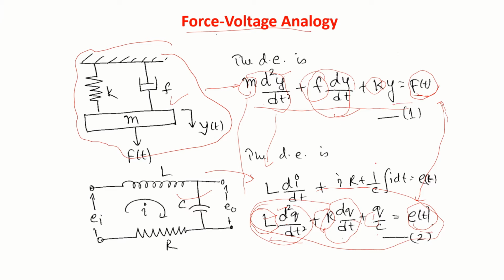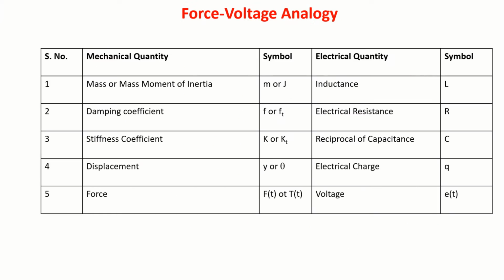And force is voltage, and displacement is represented by charge. That's why it's called force voltage analogy. Here you can see that I have represented mechanical quantities, their notations, and then I have equivalent electrical quantities and their notations.